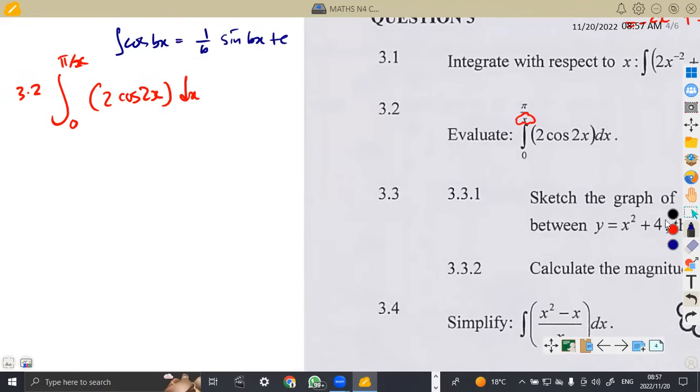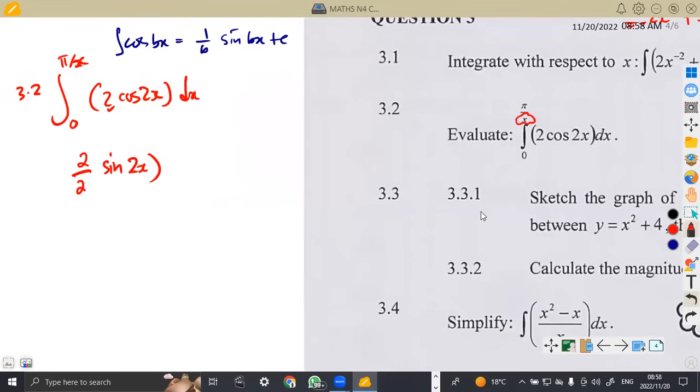Remember that. Here we've got a 2, which is already there, so it is going to be 2 over 2, then sine 2x. Take note of the 2 and the 2 there.